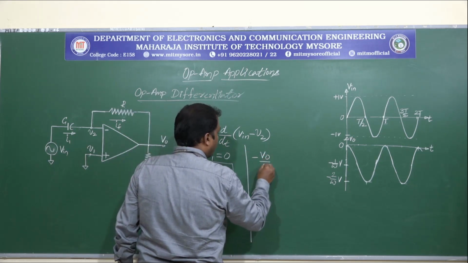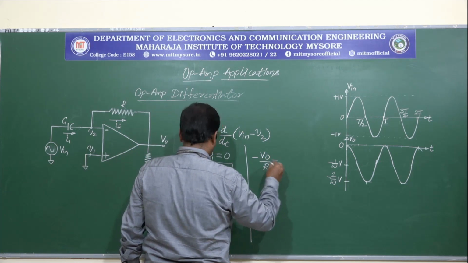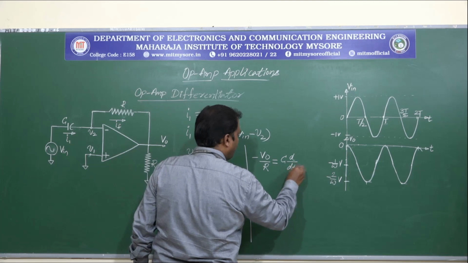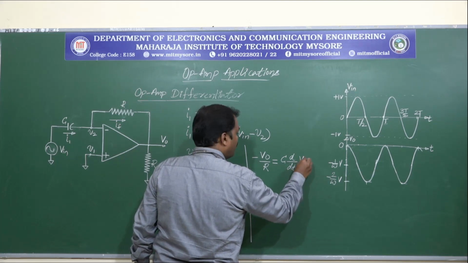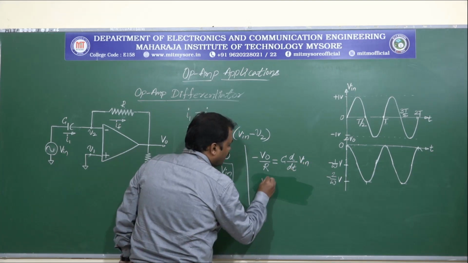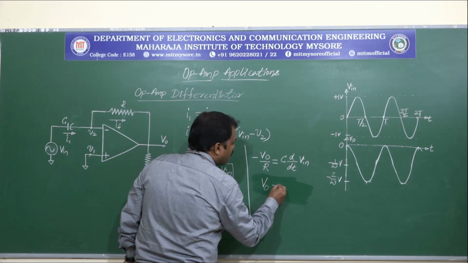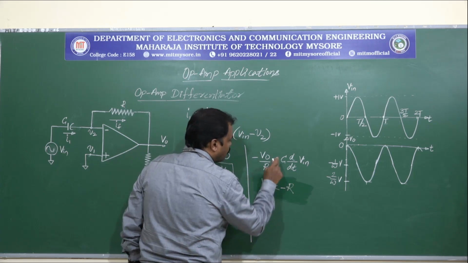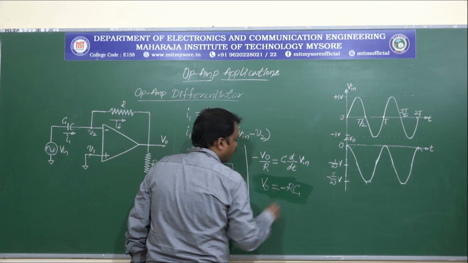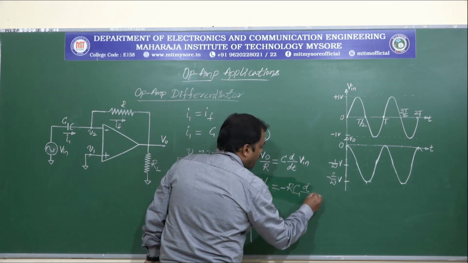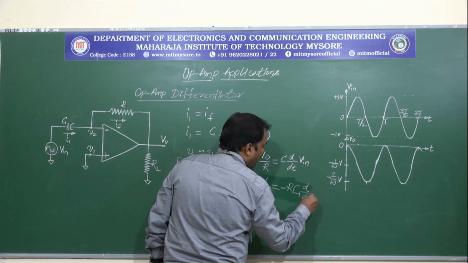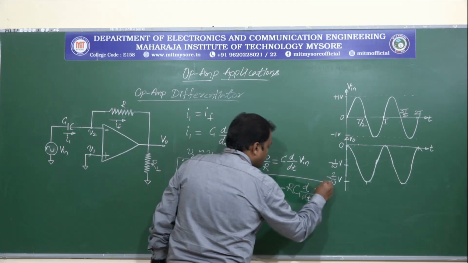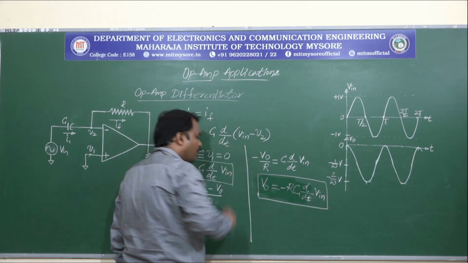Minus V0 by R is equal to C into d by dt of Vin. So V0 can be written as V0 is equal to minus R into C into d by dt of Vin. So this is the expression we have for V0.